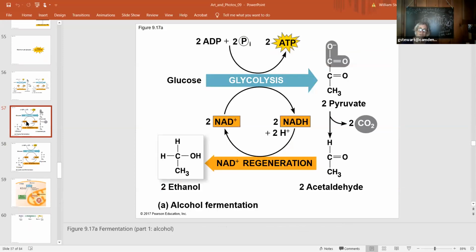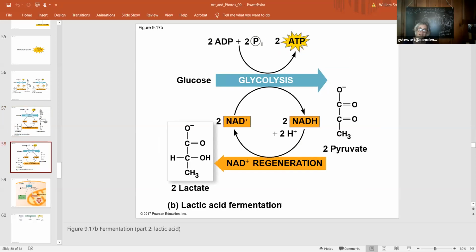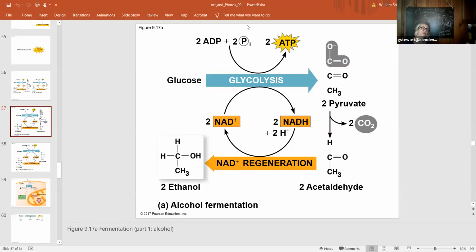I'm going to show you two examples of fermentation: alcohol fermentation and lactic acid fermentation. So this is alcohol fermentation. This is using glucose to produce ethanol. Notice we still have glycolysis, that whole big blue arrow there. All the steps of glycolysis, which is going to produce 2 ATP and give us our 2 pyruvate.